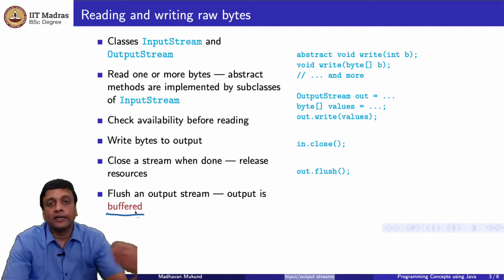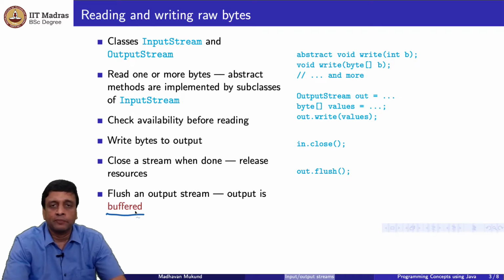So when you say print, for example, it doesn't automatically print on the screen. In fact, if you monitor a long-running program and you have written some diagnostic print statements and you don't see them on the screen, it doesn't necessarily mean that that print statement has not been executed. It just means that it has not passed the buffer and come onto the screen. So the way to push things out of the buffer forcibly is to flush them.